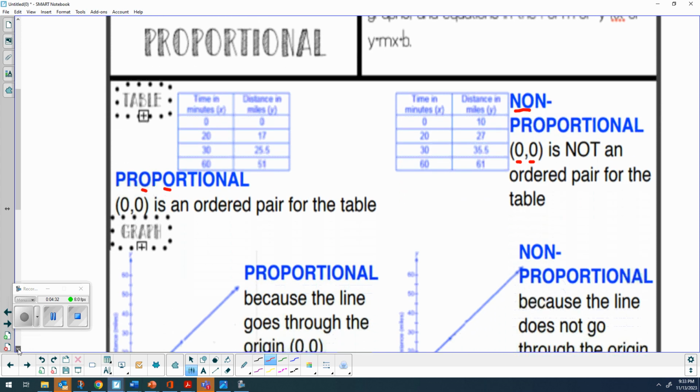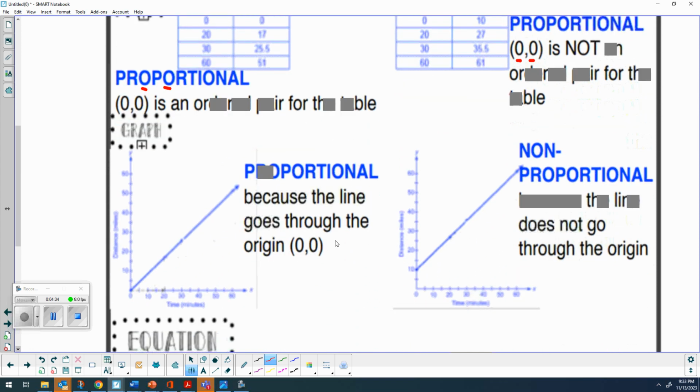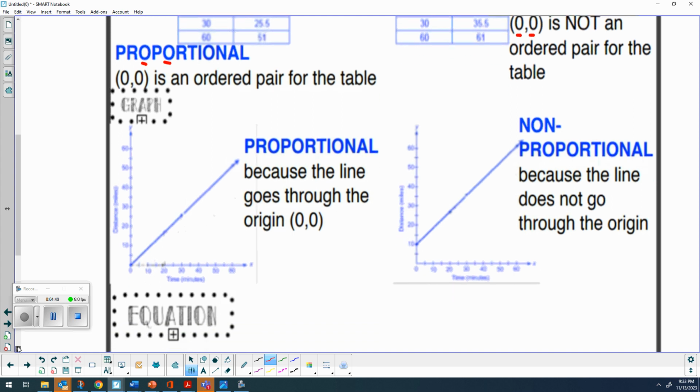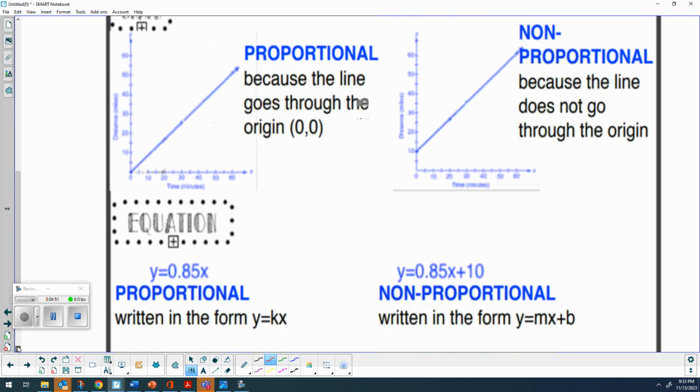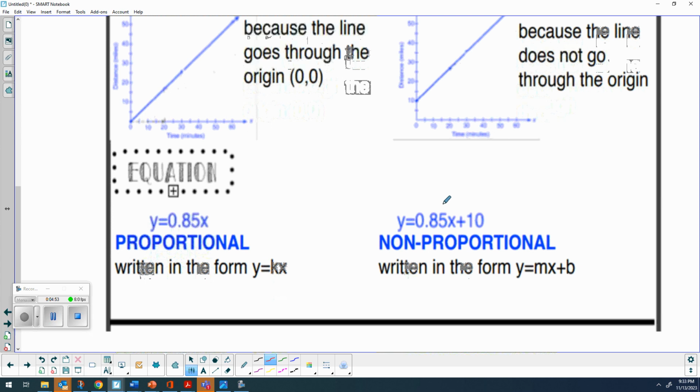Graphically, a non-proportional graph, when you trace it to the y-axis, it will not touch 0, 0. So 0, 0 is not included in non-proportional graphs. They do not go through the origin. And lastly, in the equation form, the non-proportional equation form will always have a number behind your x. And we'll talk about what these numbers in front of and behind x mean.